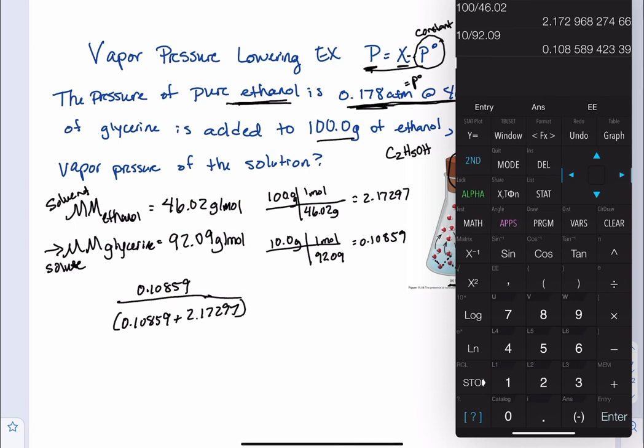That's the mole fraction, times my 0.178 atm. Remember, mole fraction comes out unitless. We just put that in the calculator.